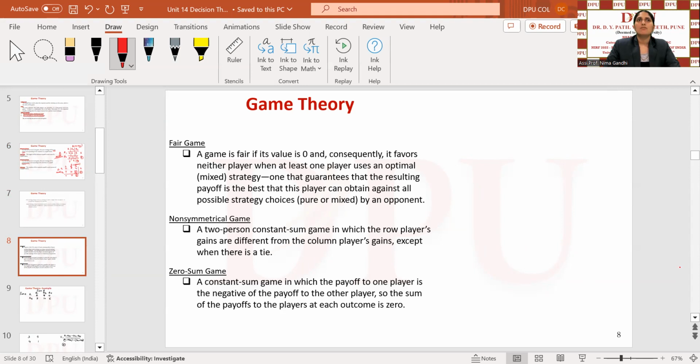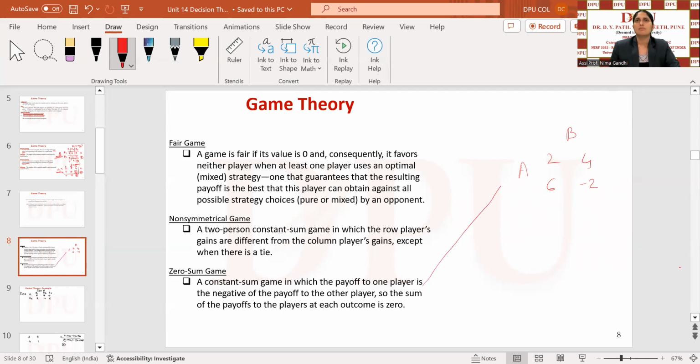Then we have the non-symmetrical game. A non-symmetrical game means a two-person constant sum game in which the row player's gains are different from the column player's gains. So what we are learning is zero sum game. What is the meaning of this? When I write here A and B, and if these are the numbers, whatever the profit for A is, the same amount is the loss for B. That's why we are calling it a zero sum game.